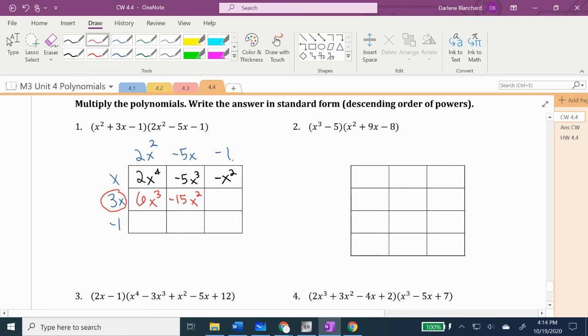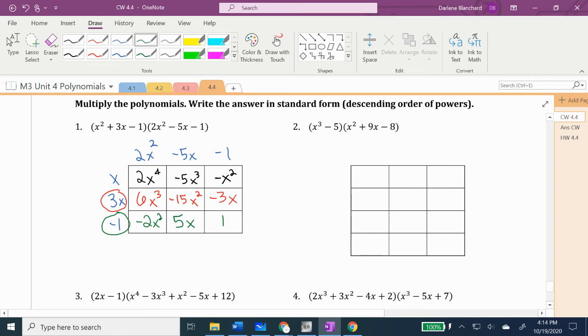And then finally, I'm going to multiply the -1 by 3x to give me -3x. And for the last row, I have -1 multiplying by 2x squared, and then -1 multiplied by -5x, and -1 multiplied by -1.